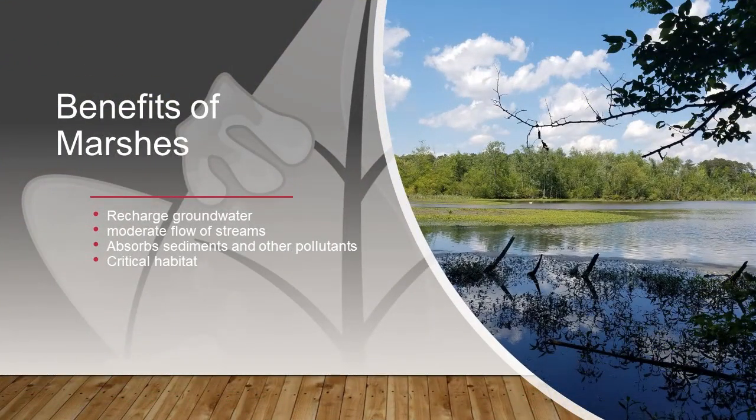Next, we want to talk about how important marshes are to the environment. First, marshes recharge groundwater supplies from the surface, and they also moderate stream flow by providing water to streams. This is really important, otherwise streams would either be too fast or too dry. This function of marshes is helpful during droughts because the water is moderated even during these times.